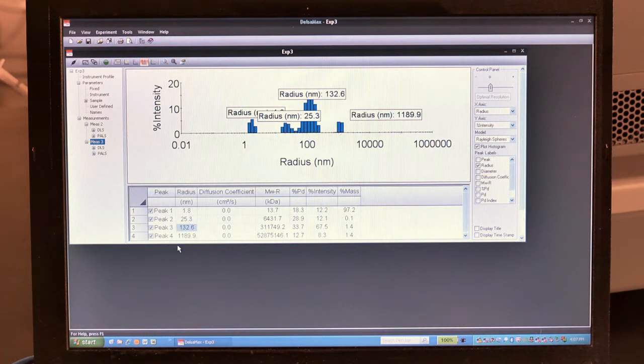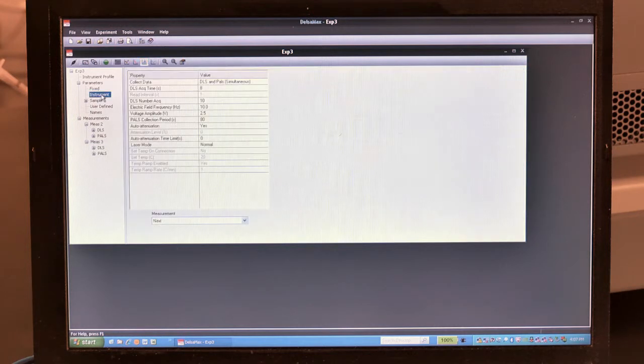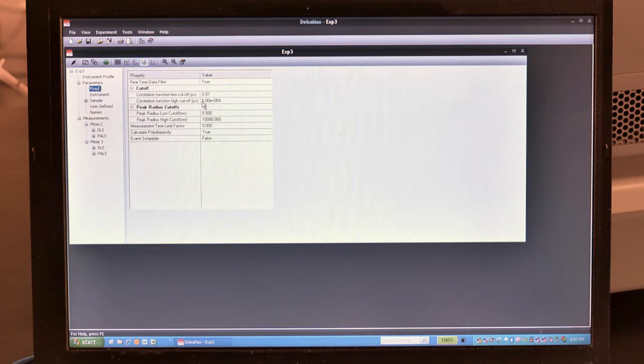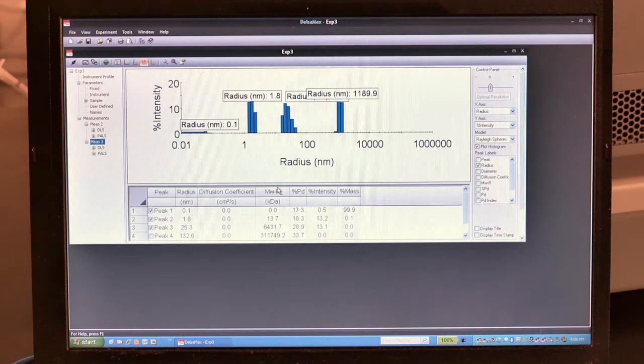What we don't see is the very small surfactant molecules that are roughly 0.2 to 0.3 nanometers in radius. And this is because our instrument's not looking for them. On the instrument setting, we have a range that says the lowest peak it's going to look for is 0.5 nanometers in radius. When we adjust this down to 0 nanometers in radius, the calculation will be redone, and you see that there's a number of particles in solution that are 0.1 nanometers in radius, which is right around where we're expecting the radius of the free surfactant to be.